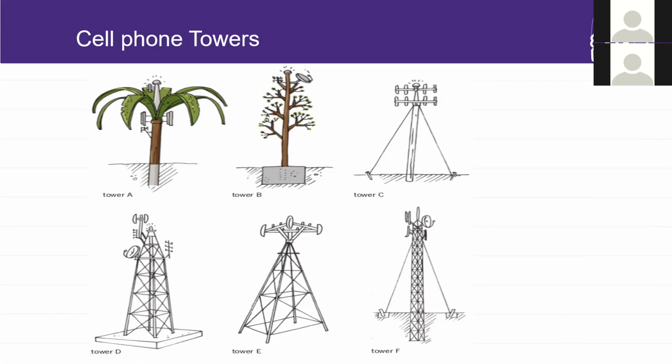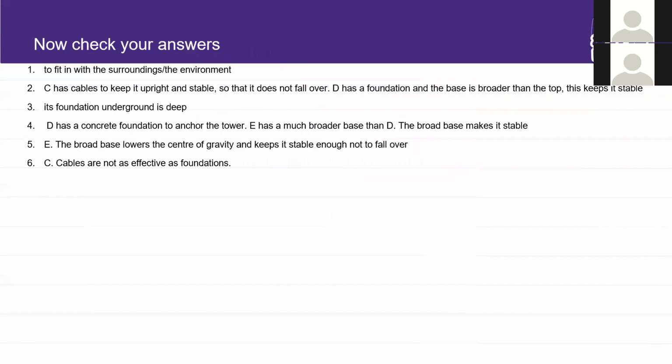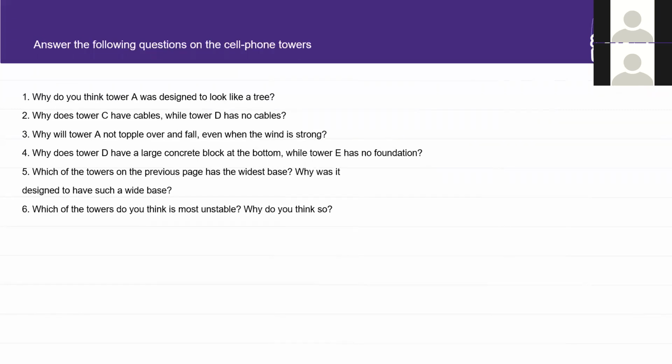Tower A is anchored into the ground. Okay? The reason is that its foundation is underground and it is deep. So foundations are very important when we make our structures.